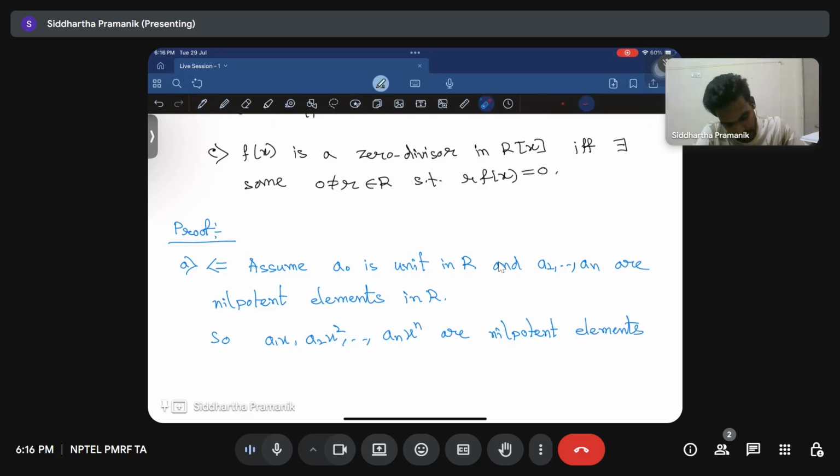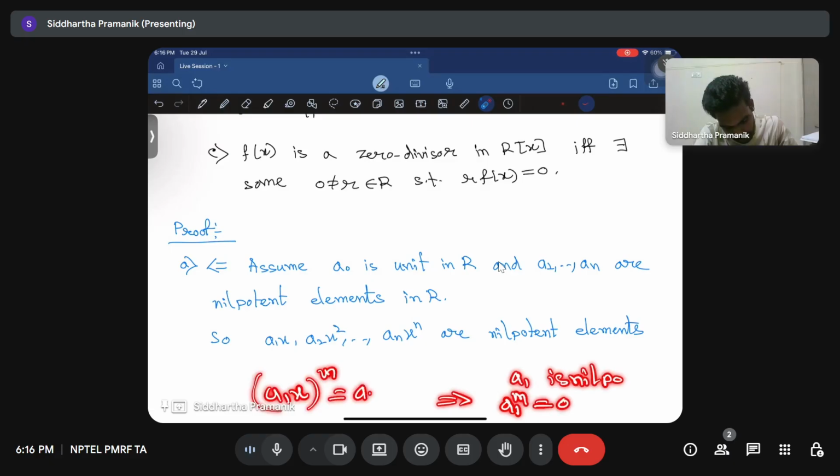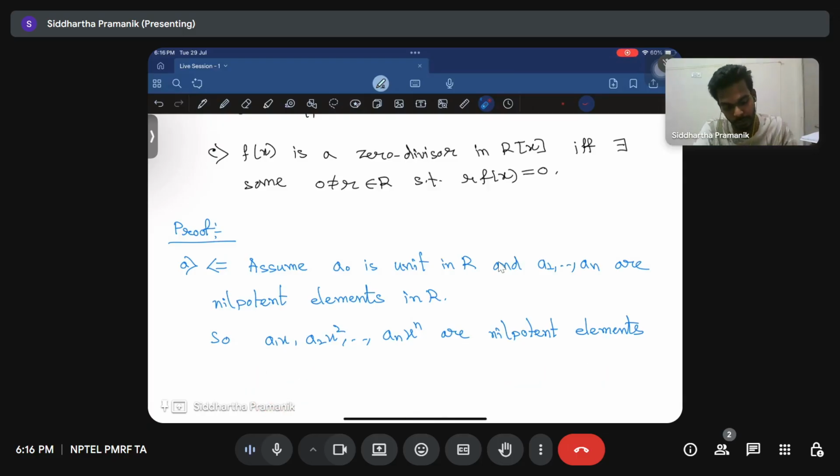Right, because a1 is nilpotent, that will imply a1 power some m is 0. So if you take (a1 x) whole power m, that is basically a1 power m times x power m, so it is 0. Same for the other elements.